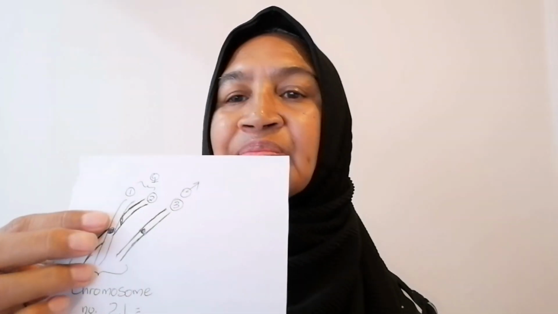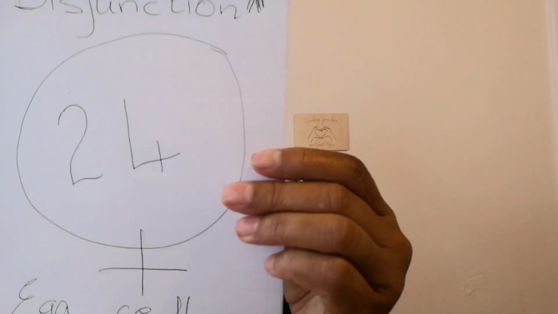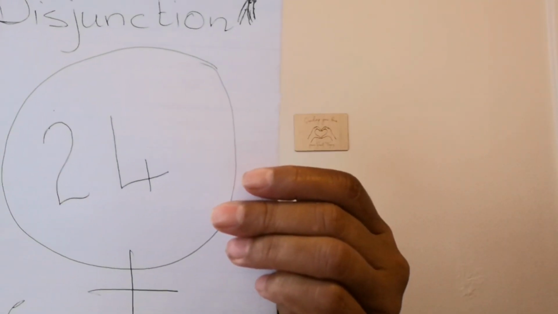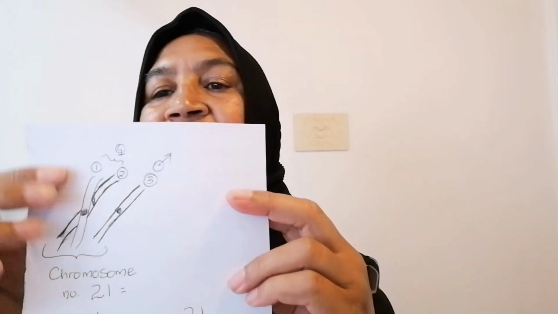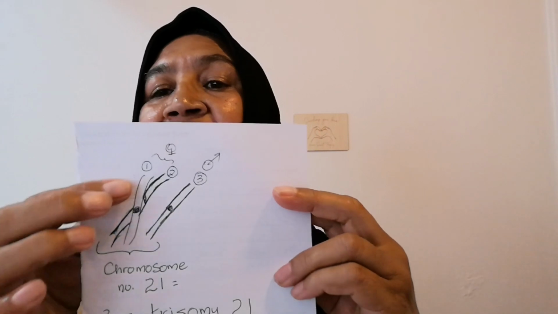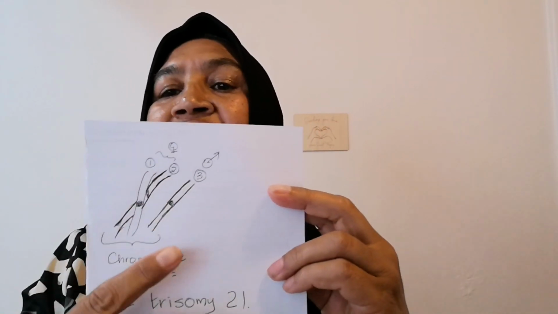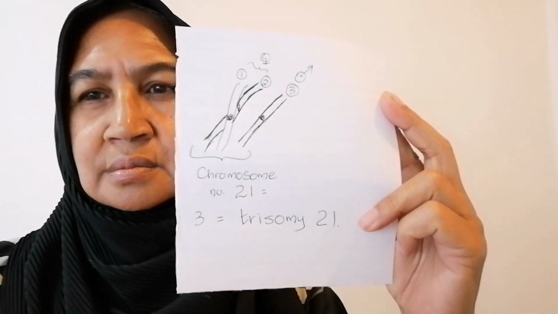So from the female, we had, instead of 23, we had 24 chromosomes, and in the end we have that extra chromosome becoming part of the new cell. So we have 2 chromosomes here and 1 there, and that is why they call it a trisomy.